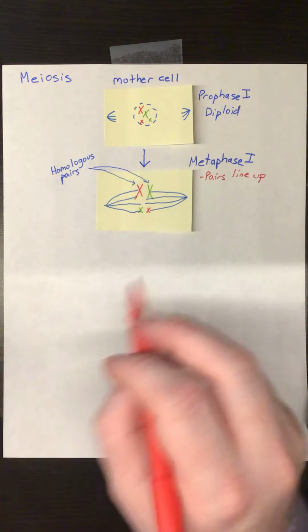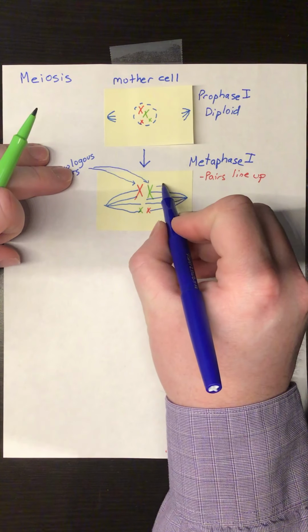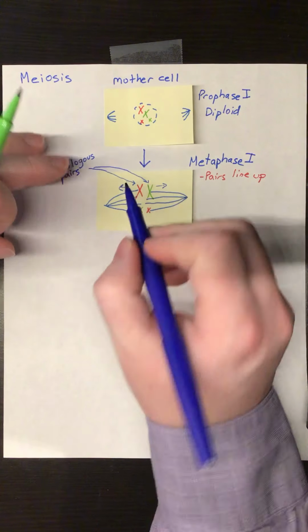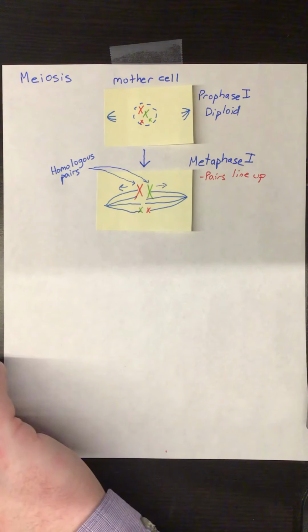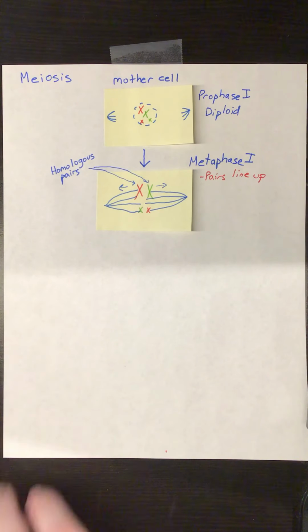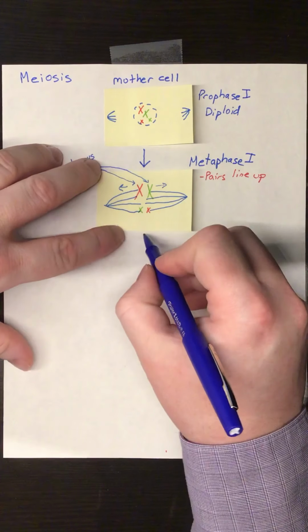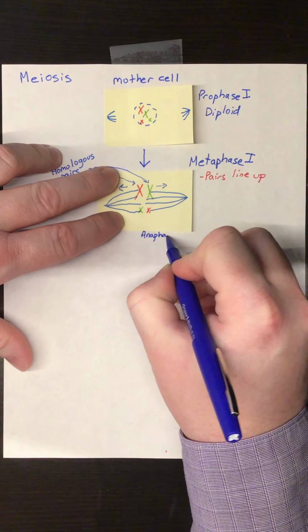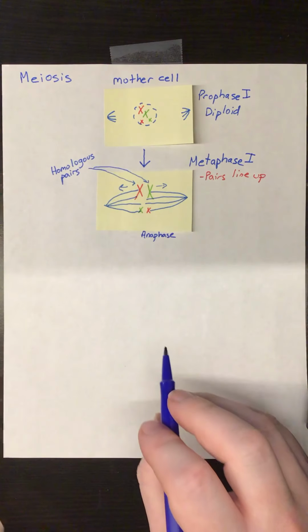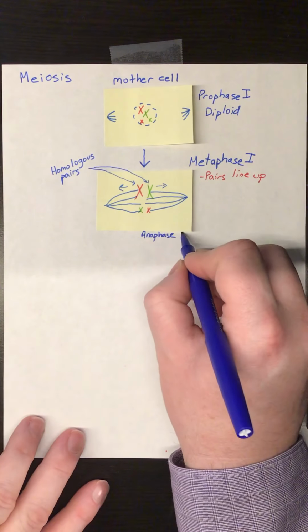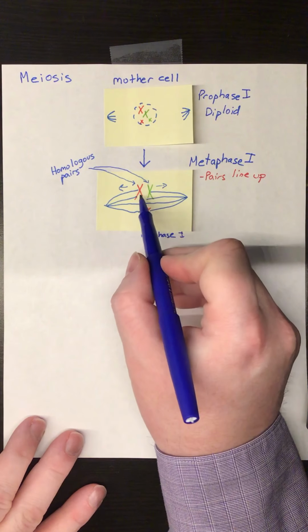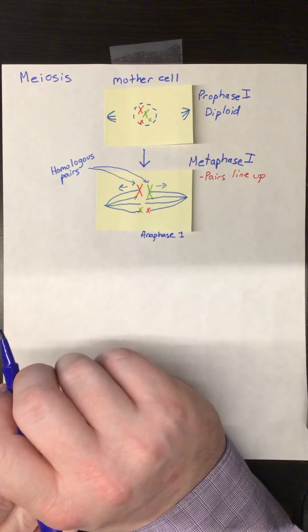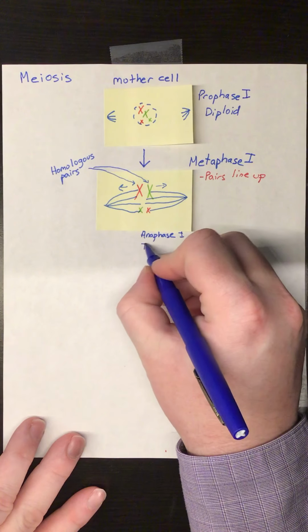So that in anaphase 1, these pairs move away to either side. And then at telophase 1, so I'm going to write anaphase 1 because we're not going to use up another cell to show that. And telophase 1 is when these pairs are in 2 different piles at opposite sides.